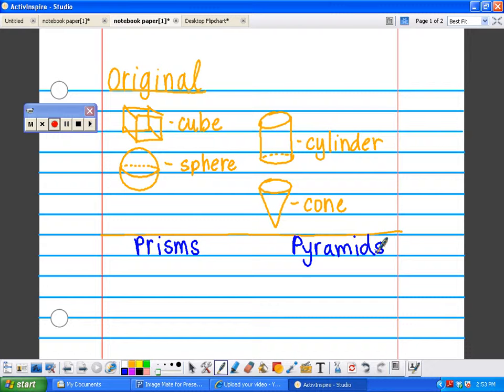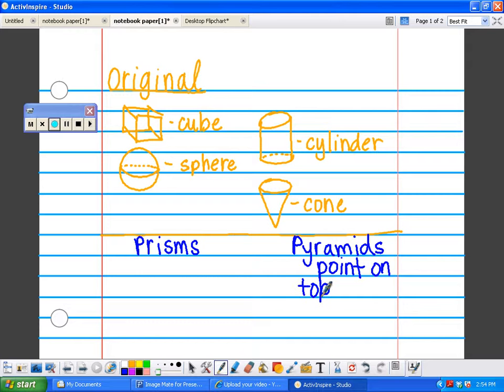Pyramids. Okay? Pyramids are our easy ones. The one thing that tells you if an object is a pyramid is if it's not one of our basic shapes, not one of our originals, but if it comes to a point on top, it is a pyramid.